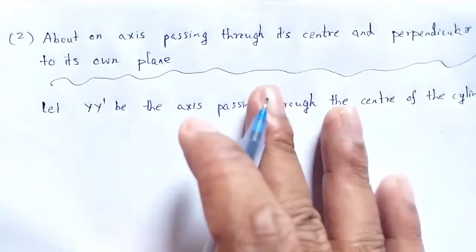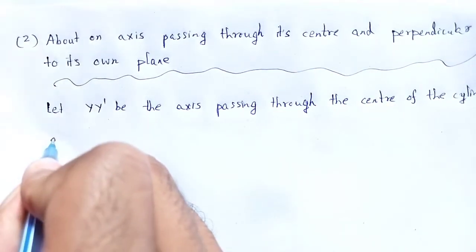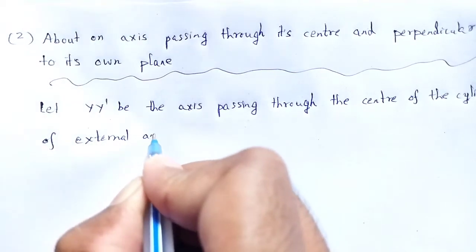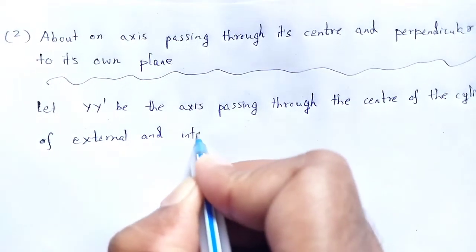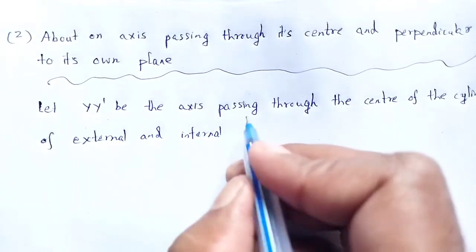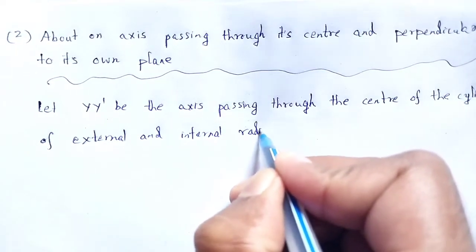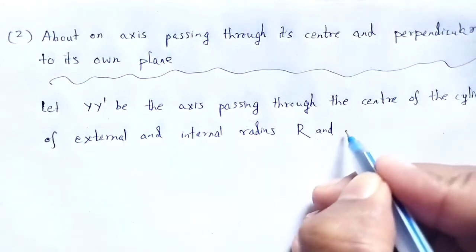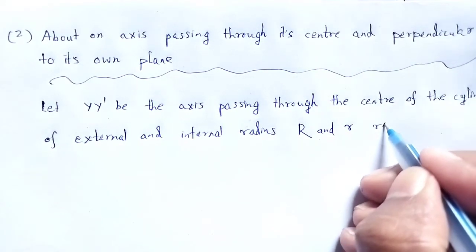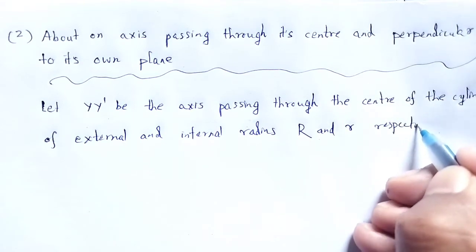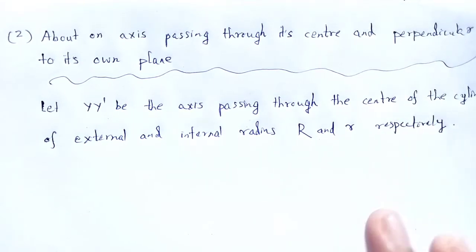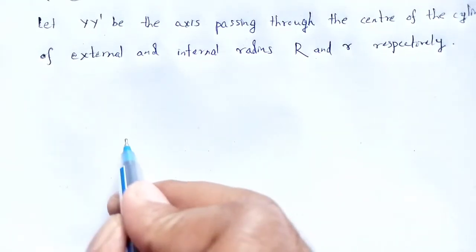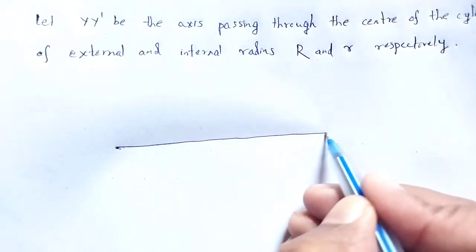The hollow cylinder has external and internal radii of capital R and small r respectively. Here we draw the cylinder, the hollow cylinder.